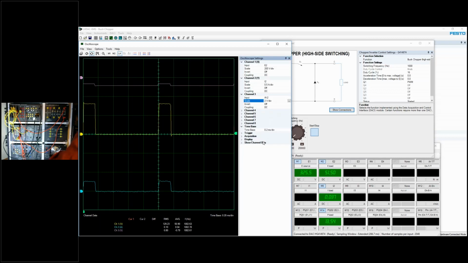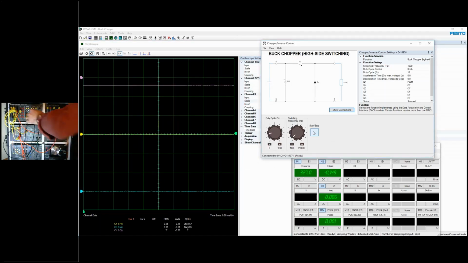Okay, let me check my connections. There might be a bad connection, sorry. My ground is connected here, yeah. Is it your DB9? Yeah, that's what I'm checking.